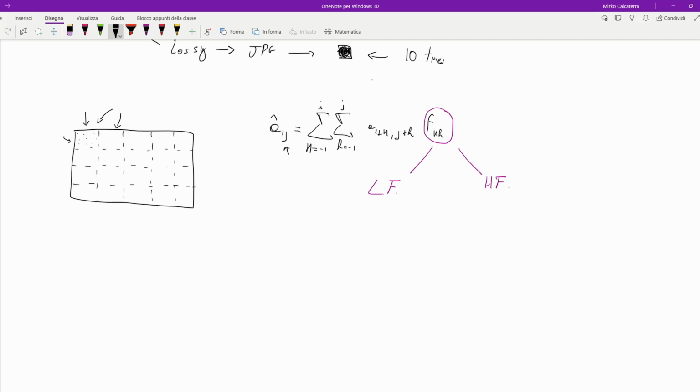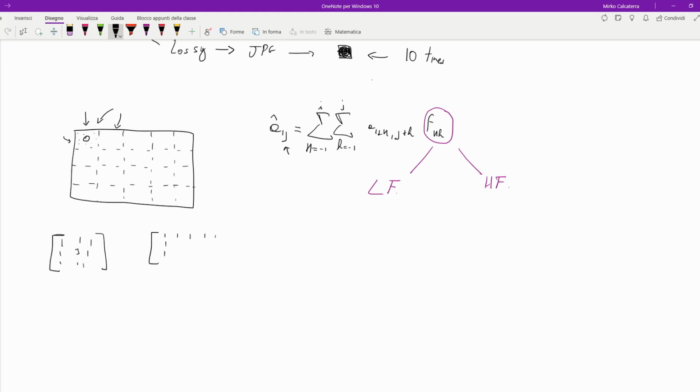Another possibility is to use binomial filtering, where you put more emphasis on the center. For example, here you consider weights. If my square is 3 by 3, I multiply this matrix by 1, 1, 1, 1, 3, 1, 1, 1, 1. If it is 5 by 5, I can multiply it by 1, 1, 1, 1, 1.